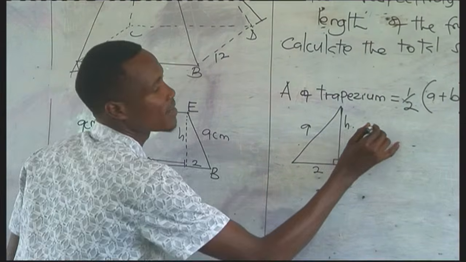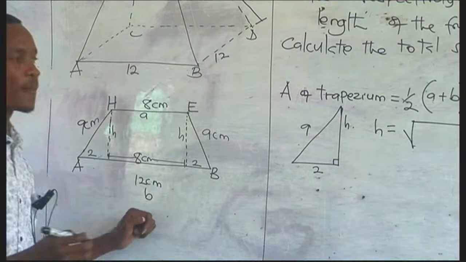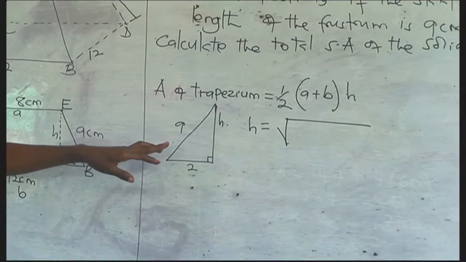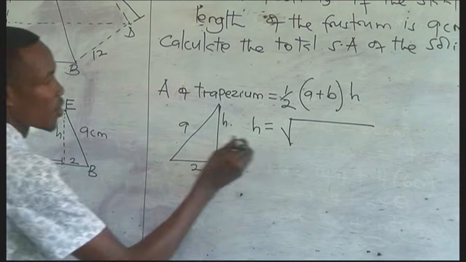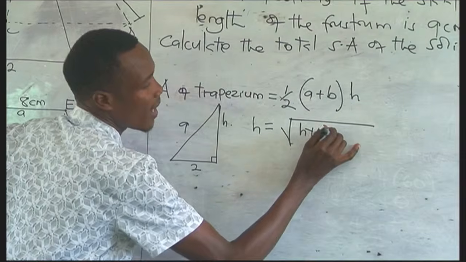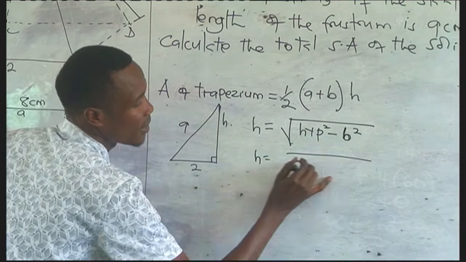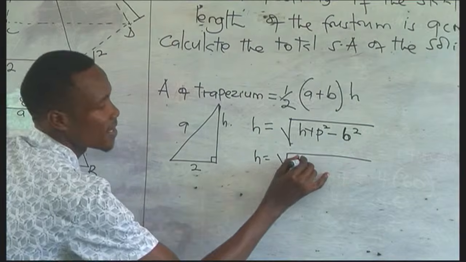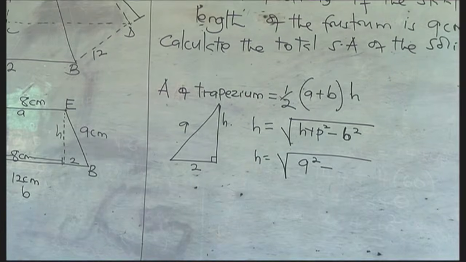Okay? So I will say height is equal to the square root of... Pythagoras theorem. When we want to get the height, it shall be the hypotenuse square minus base square. So our h will be the square root of, our hypotenuse there is 9, so it is 9 square minus our base, which is now 2.